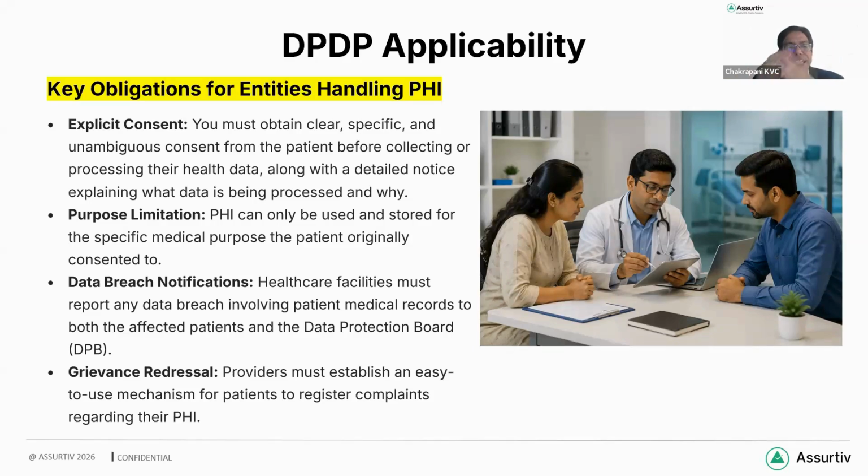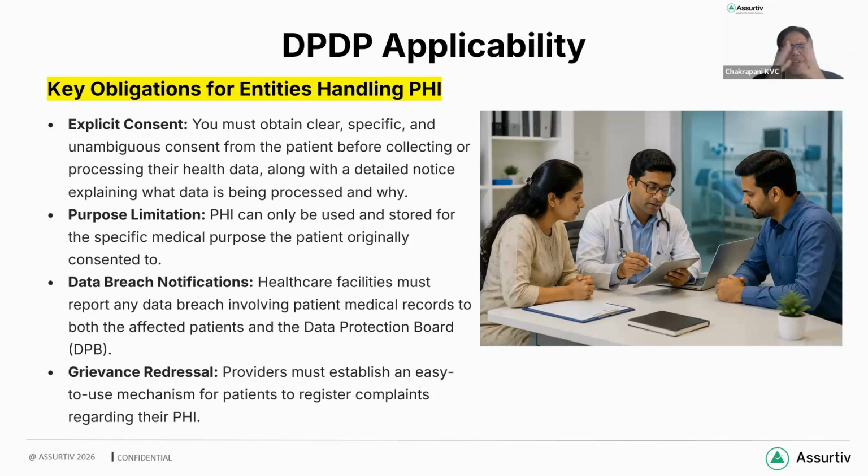The third one is data breach notification. Healthcare facilities must report any sort of data breach. A data breach can be data loss, data theft, data misuse, or data mishandling, for example where data is used for commercial benefits and people are misusing it. Any data breach involving patient medical records must be reported to both the affected patients and the Data Protection Board of India.